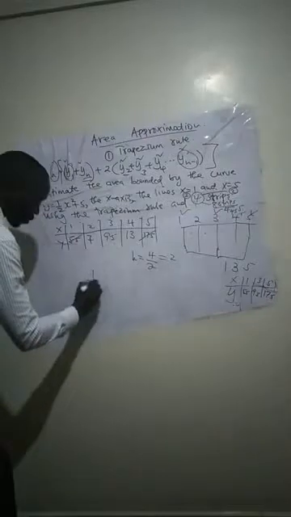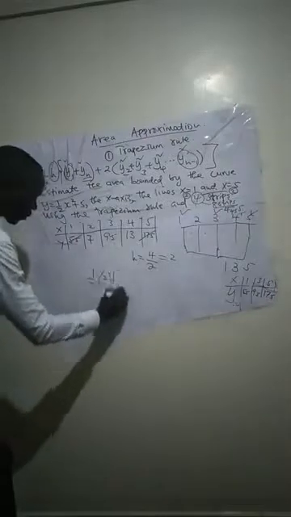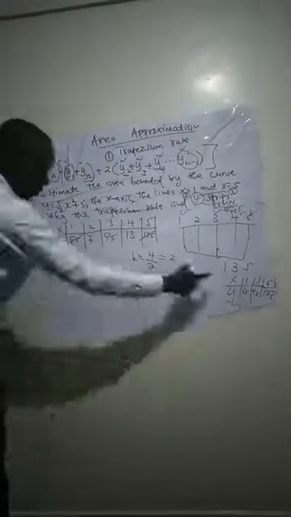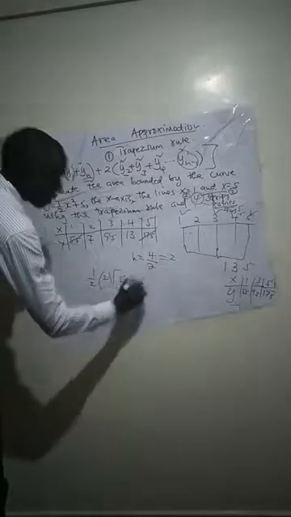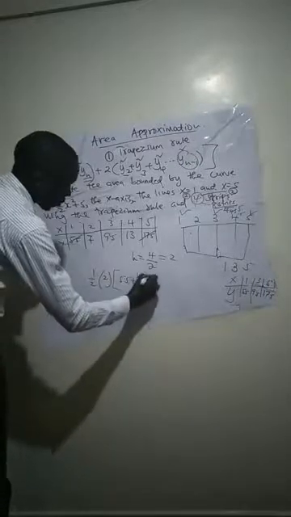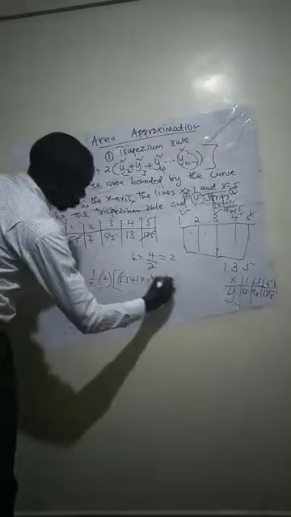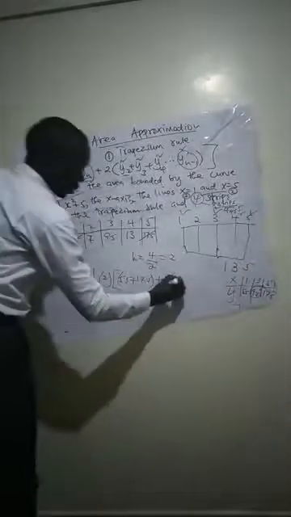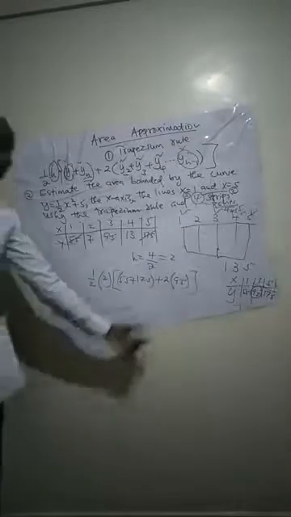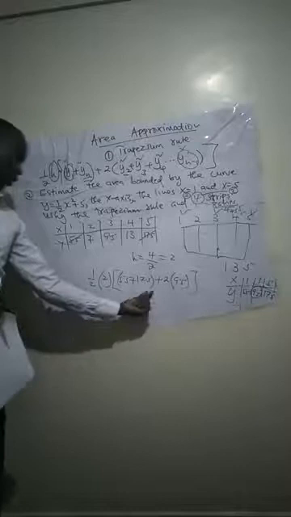So you have a half of h, which is 2, times y1, 5.5, plus yn 17.5, plus 2 into the remaining, and the remaining in this case is just 9.5. That gives you the area. So by now you should be able to solve this part. You start with this part, followed by this one. You add the 2 times, then multiply by the result of a half of h to get the answer.